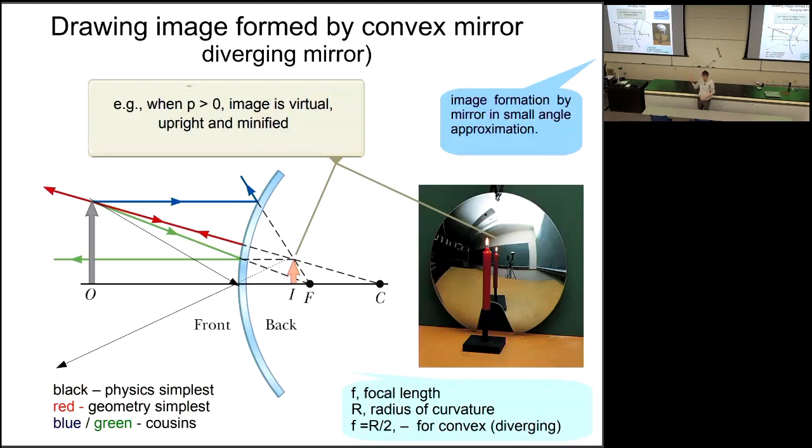So those are the 4 rays that we can construct for this convex curved mirror. They're the same classes of rays as we constructed for the concave mirror. However, our focal point and radius of curvature are now negative and behind the mirror. In the concave mirror, the radius of curvature and focal point were in front of the mirror.